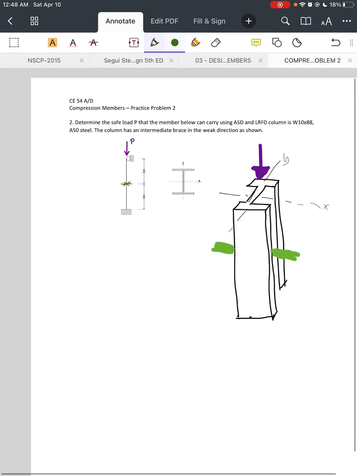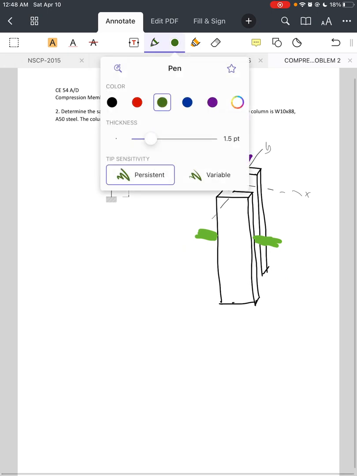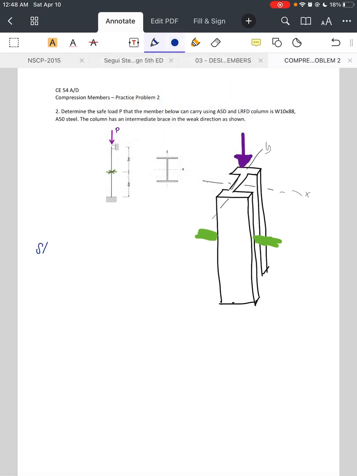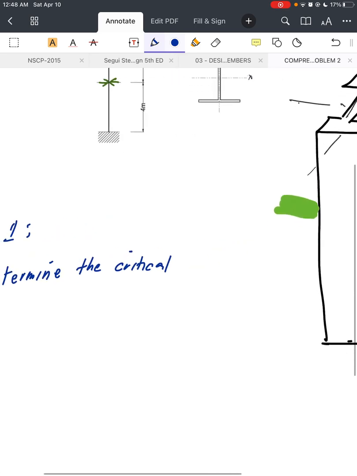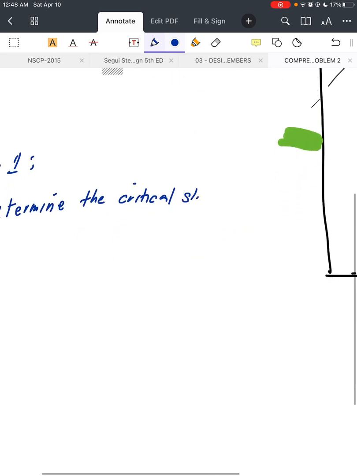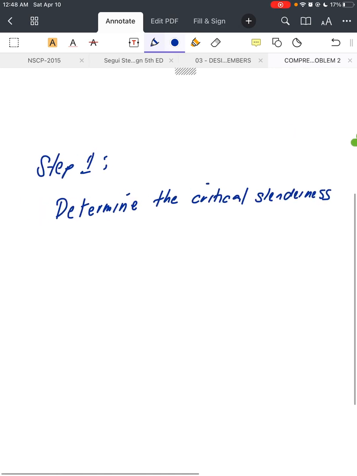Okay? So, our step 1 will be to determine the critical slenderness ratio.